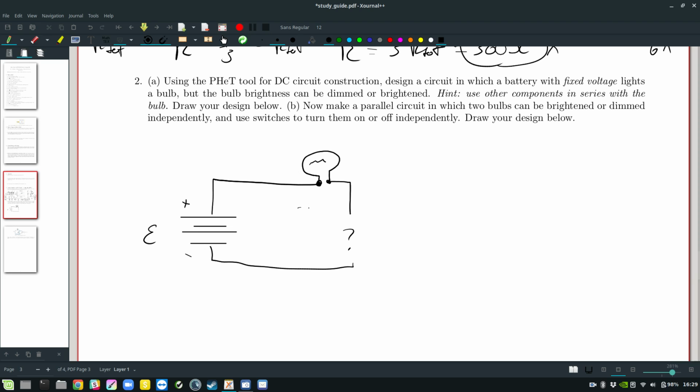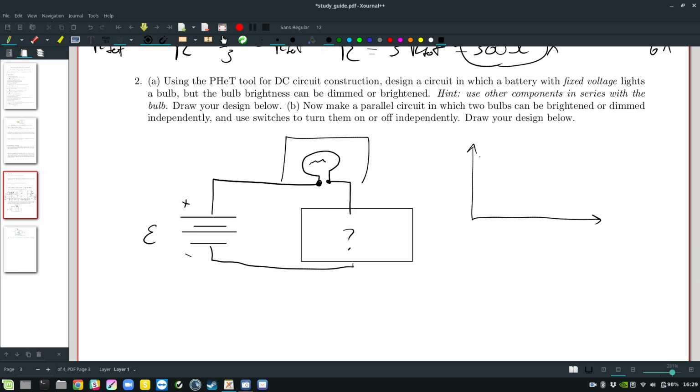But I think you can do something in here to change the voltage decrease across specifically this part of the circuit. So if you plot the voltage, let's say this is 0.1, 0.2, and 0.3. This is voltage, and then we'll just say 1, 2, 3, representing the positions in the circuit.